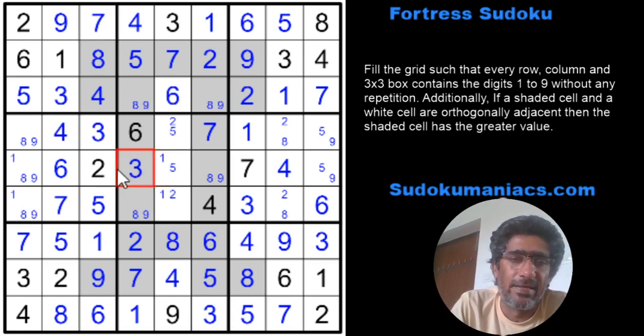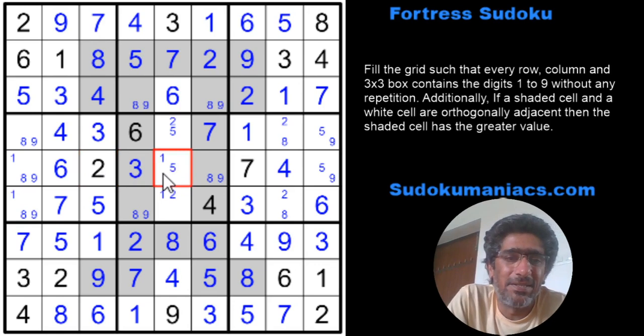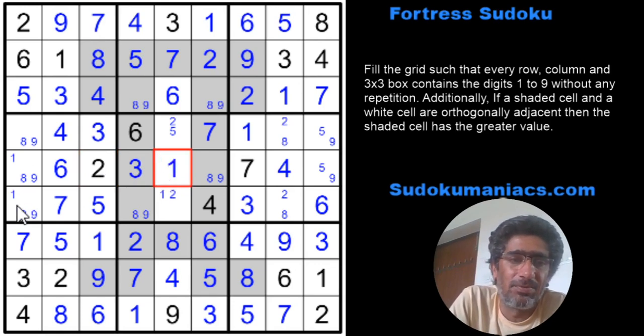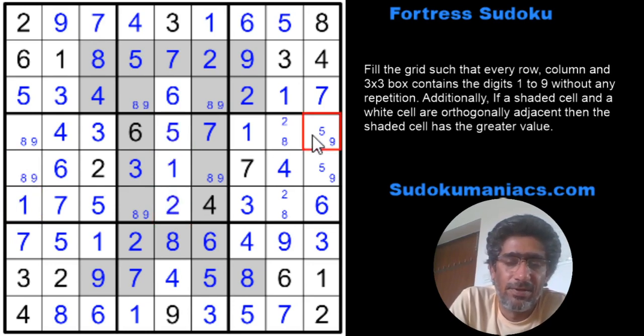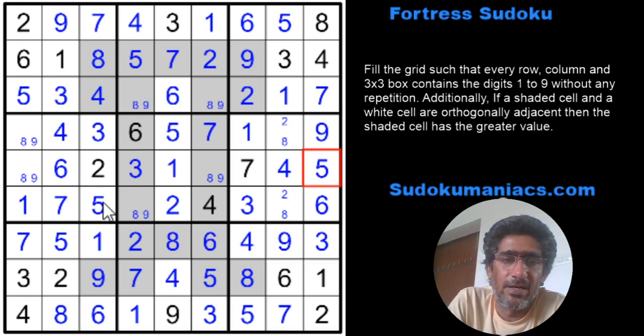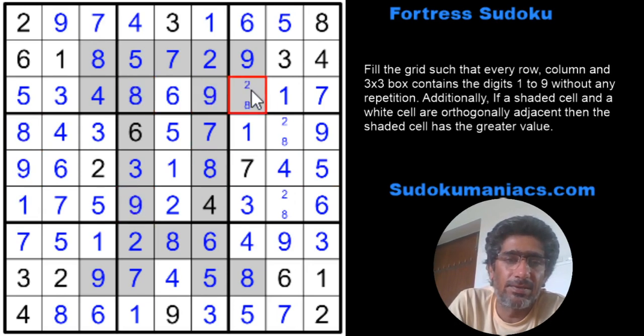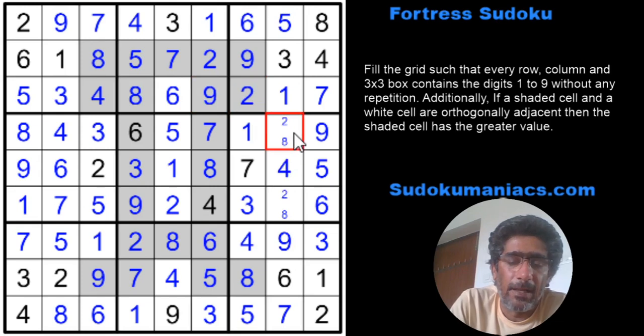We have a 3 in the gray cell, right? So I can't have a 5 in the white cell because it's greater than 3. So obviously this has to be a 1, which makes this a 1. So that's a 2 and that's a 5. So that's a 5 and a 9. So that becomes an 8 with a 9, sorry. And that's my 2 with an 8.